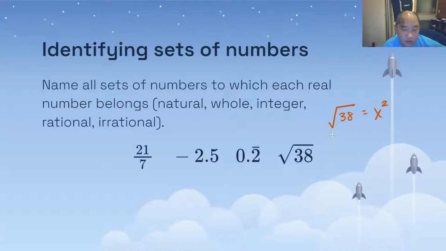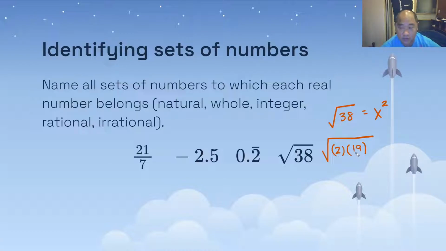The other way you can do it is seeing if there's any numbers that you can multiply within this. So this is the same thing as the square root of, for example, 2 times... What's 38 divided by 2? 19. And the square root of 2 is irrational, and also the square root of 19 is irrational.